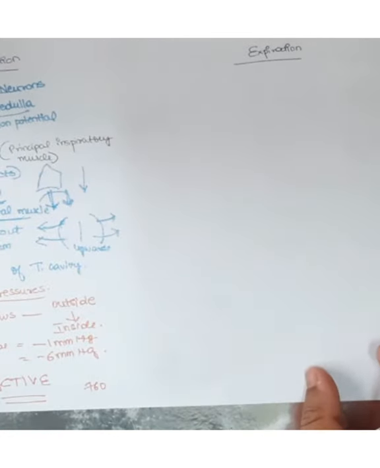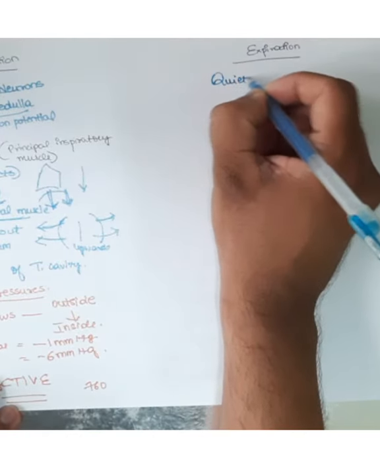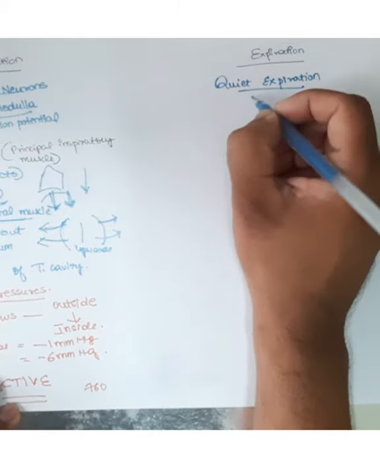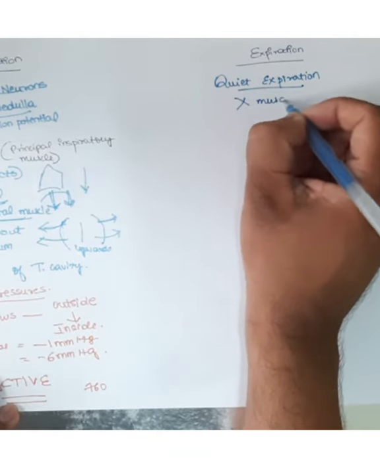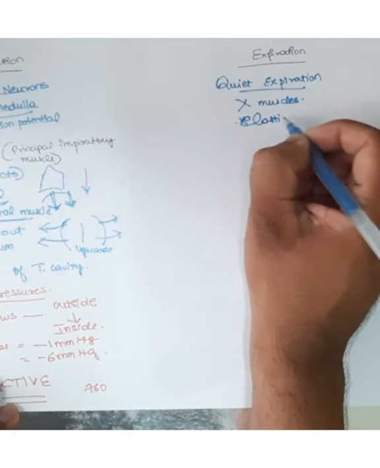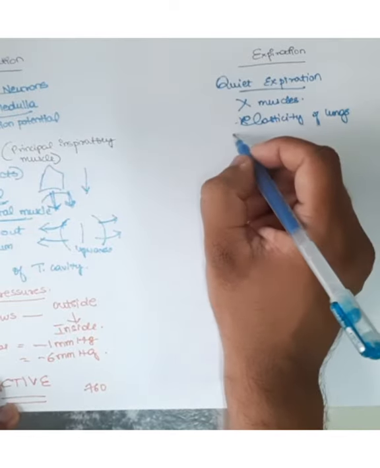So we'll see what happens during expiration. You should remember, whenever there is quiet expiration, there are no muscles involved. It depends upon the elasticity of the lungs. Now the lungs are expanded.